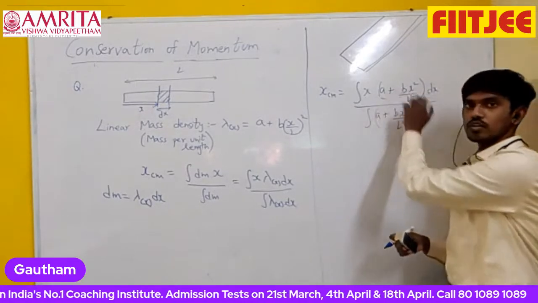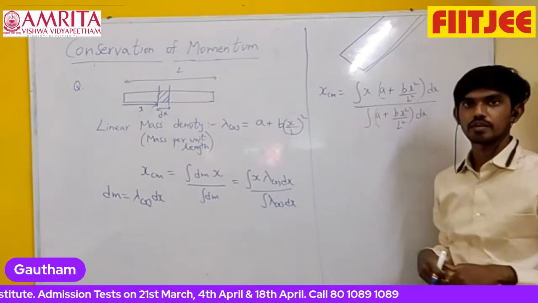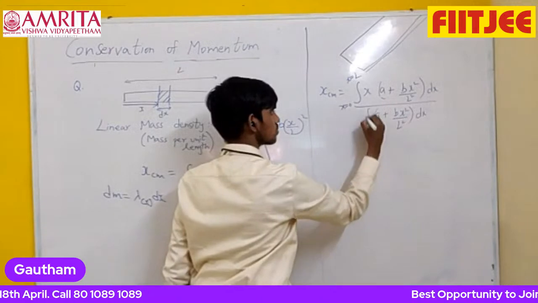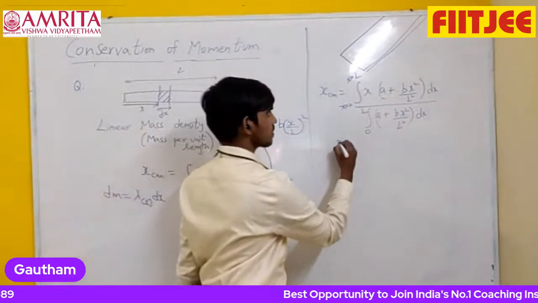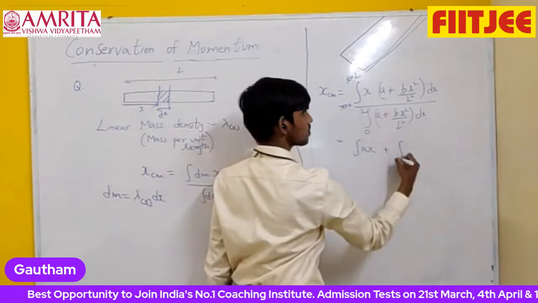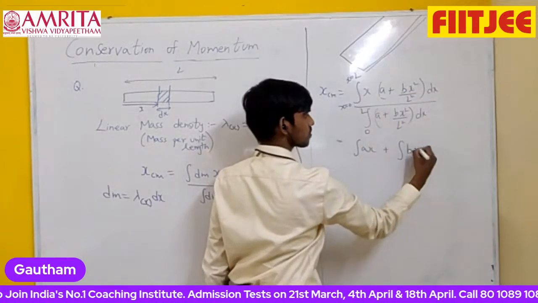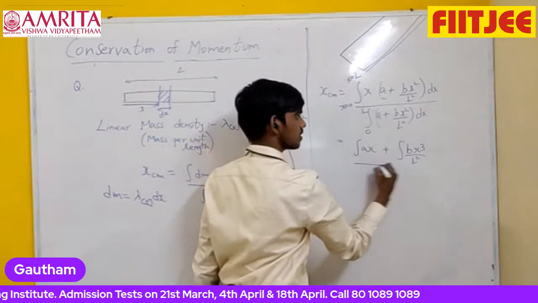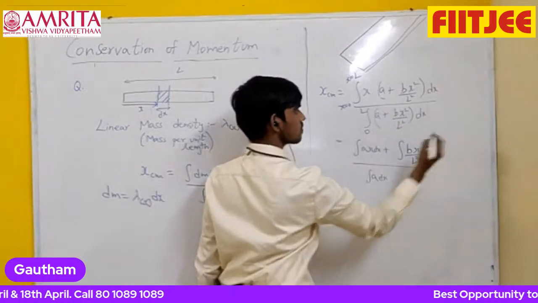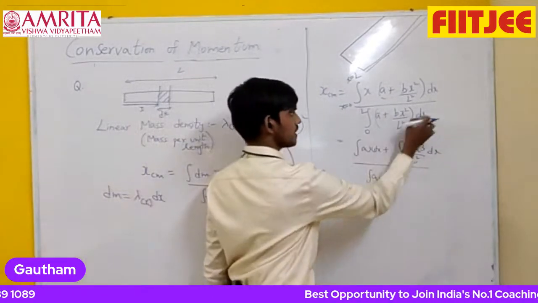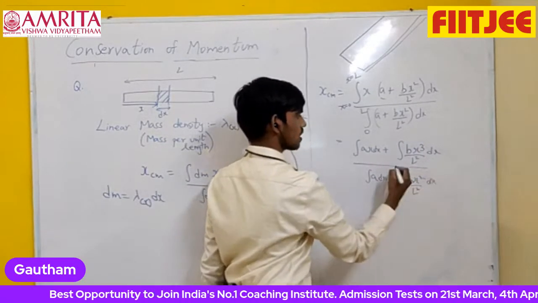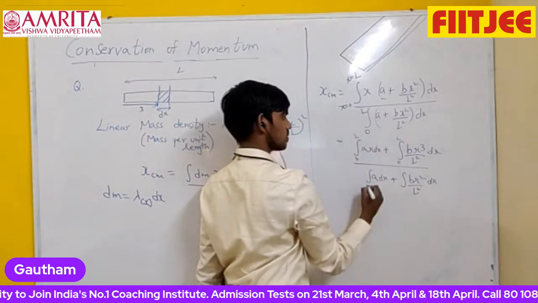This is the integral of a sum of two functions, so we can integrate them separately. The limits are x equal to 0 to x equal to L, both in numerator and denominator. The numerator will be the integral of ax plus the integral of b into x square into x, that is bx cube divided by L square. The denominator is the integral of a dx plus the integral of bx square by L square dx. The limits are 0 to L everywhere.